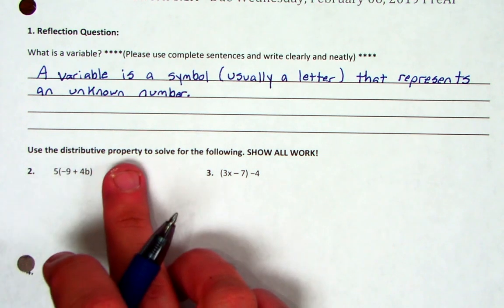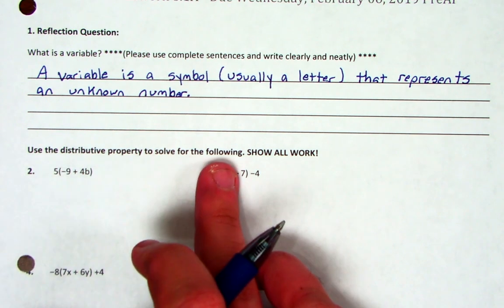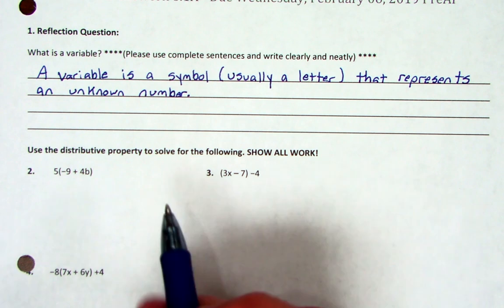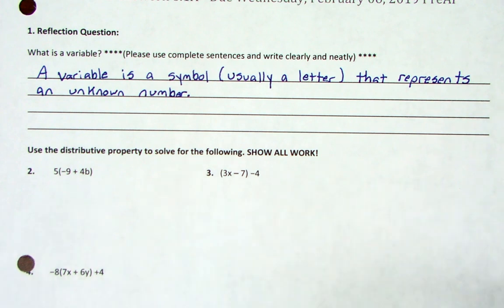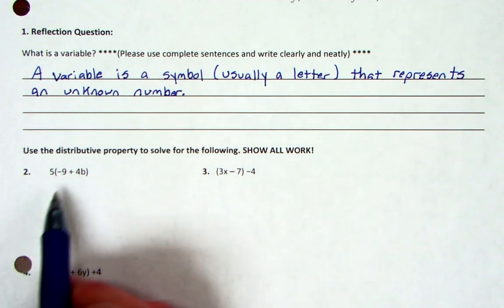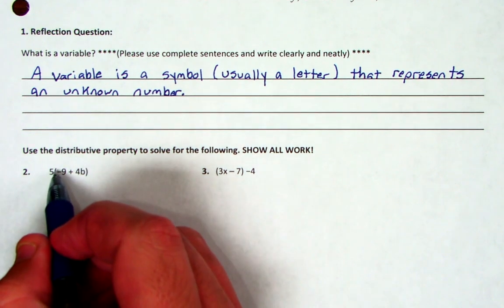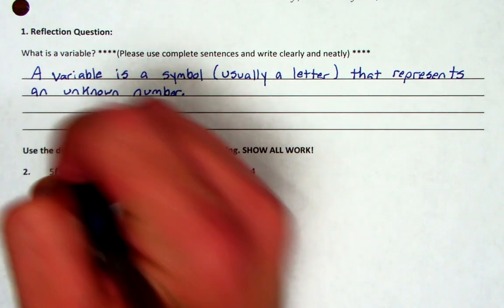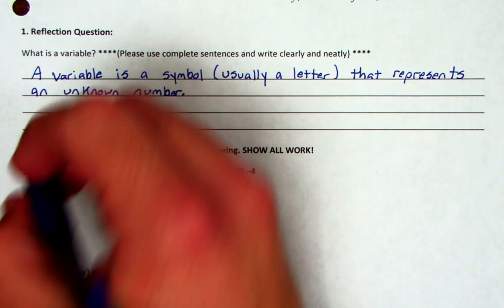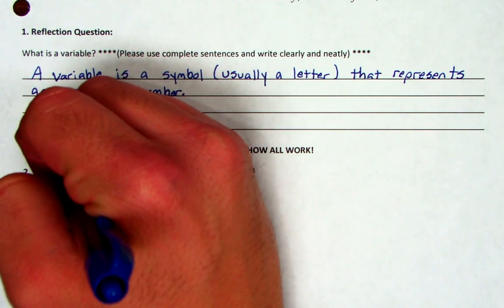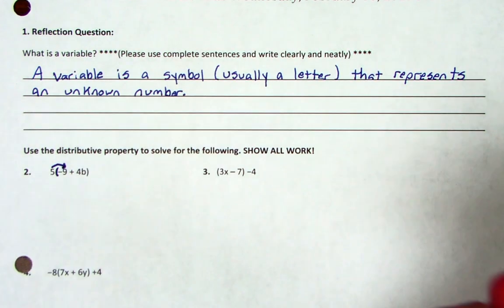Use the distributive property to solve for the following. Show all your work. We're actually not solving for anything, guys. We're simplifying. Distributive property means we take the number on the outside, attached to the front of the parenthesis, and multiply it by every term on the inside.